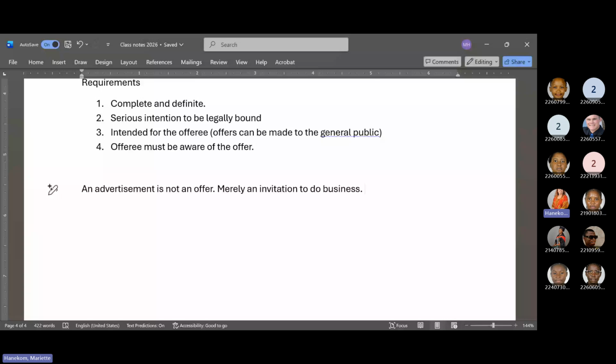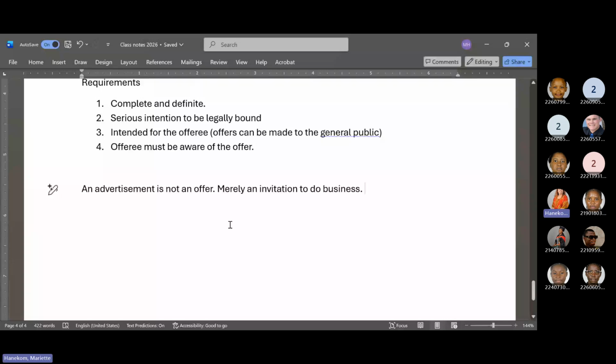When you take the loaf of bread off the shelf and take it to the cashier to pay, it is not the shop offering to sell you the bread, but it is you offering to buy the bread. And by accepting your money, the shop is accepting your offer.